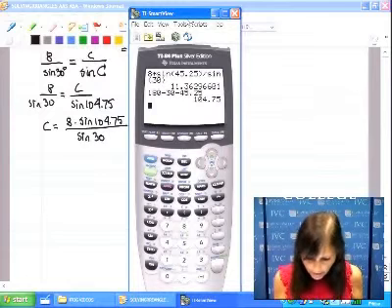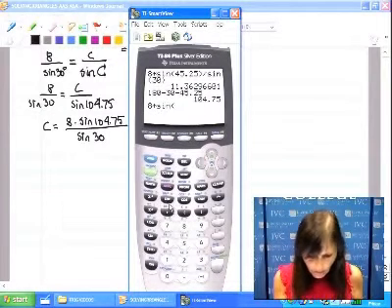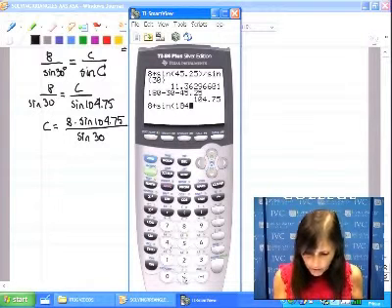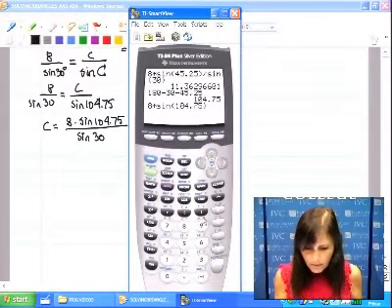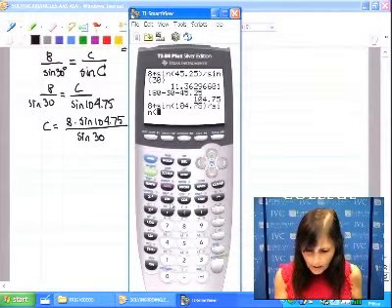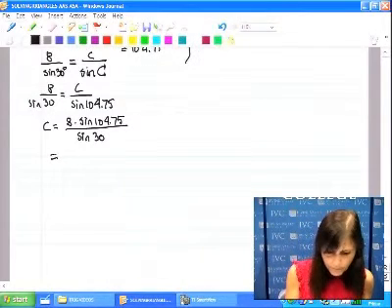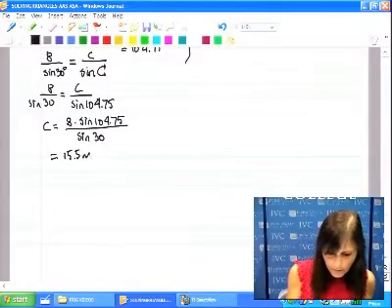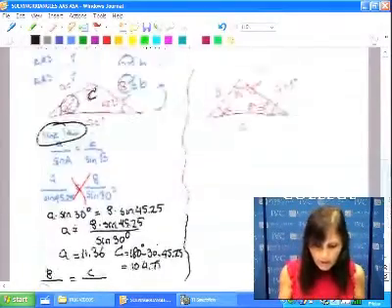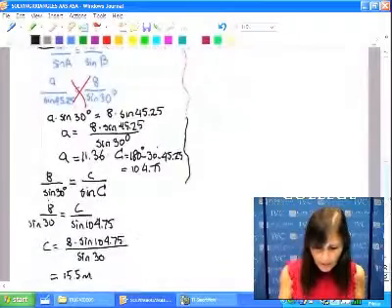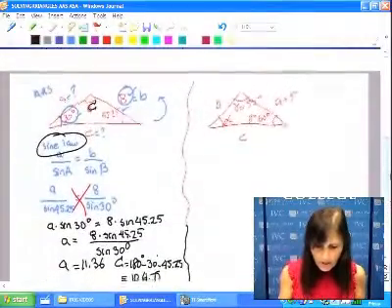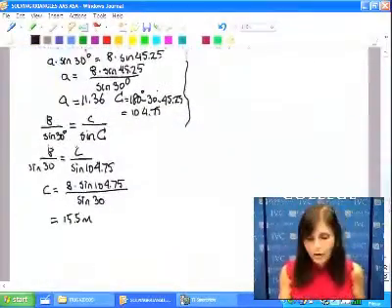I will have 8 times sine of 104.75 divided by sine of 30, and that gives me 15.5. Alright, did I solve everything? I have the angles, I have the A, and I have the C, and I am all good to go.